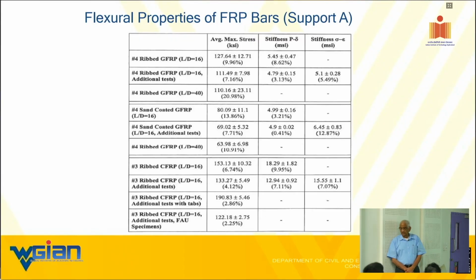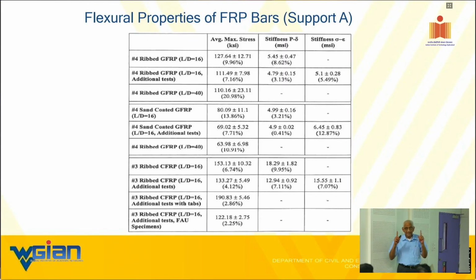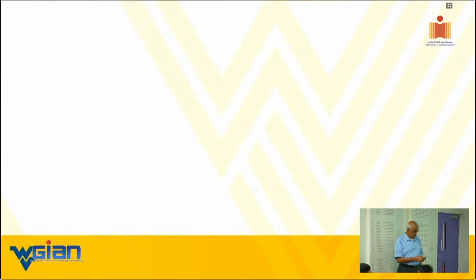If, on the other hand, you want bending-based results, L over D should be hovering around 20 to 24. It could be 28, it could be 16 or 15, but it should be in that range for the bending properties of the bar.